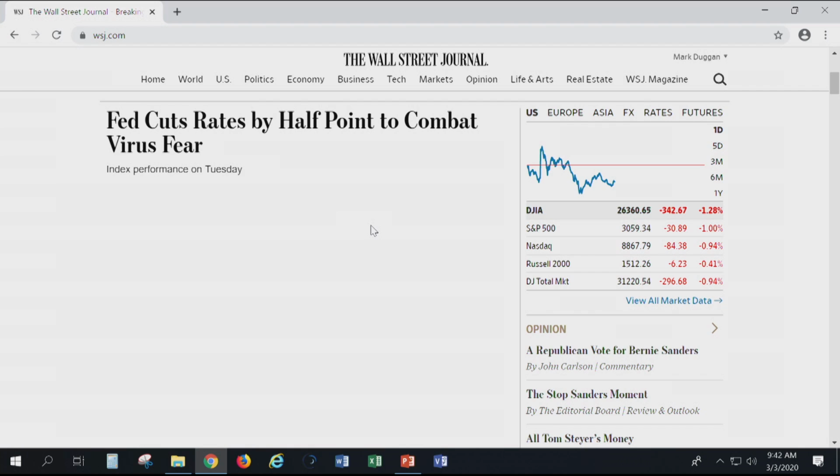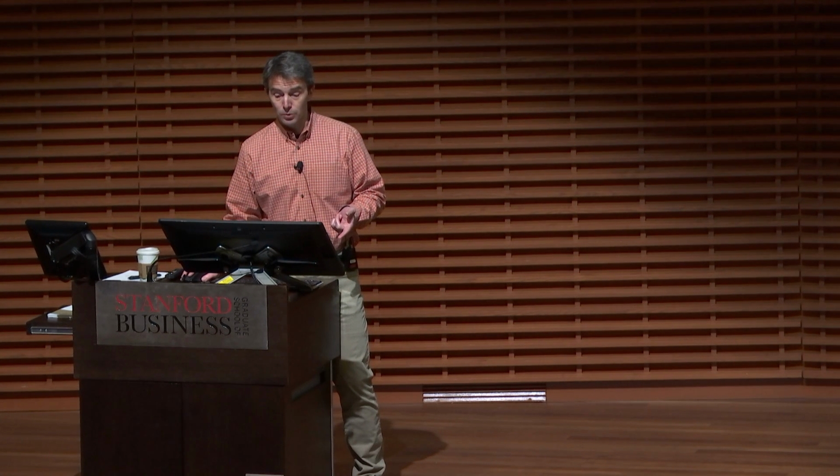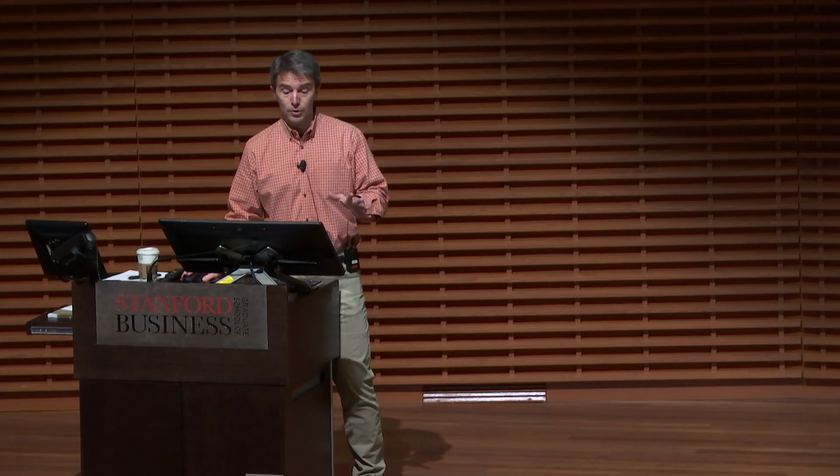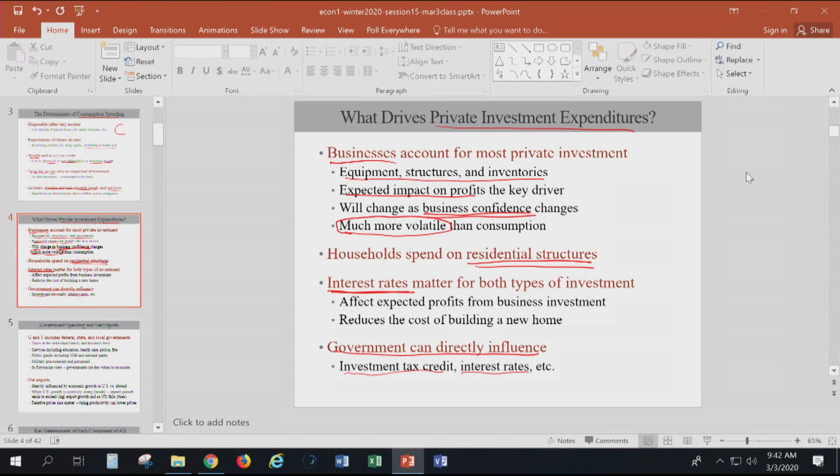So they're basically trying to cut interest rates to stimulate demand somewhat, and avoid things going into a sort of downward negative spiral. So that's a big change, as we'll talk about in a bit. But you see that the stock market is still falling today, so it's not like that immediately solved this issue.